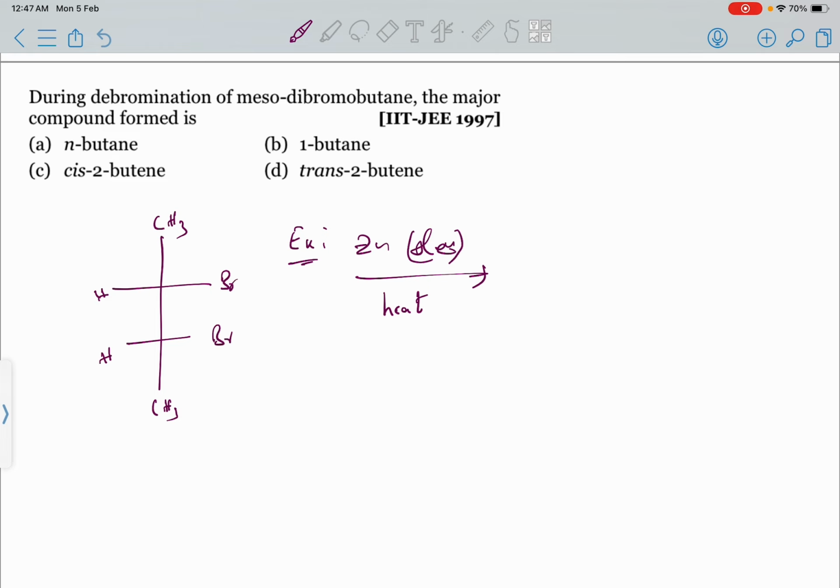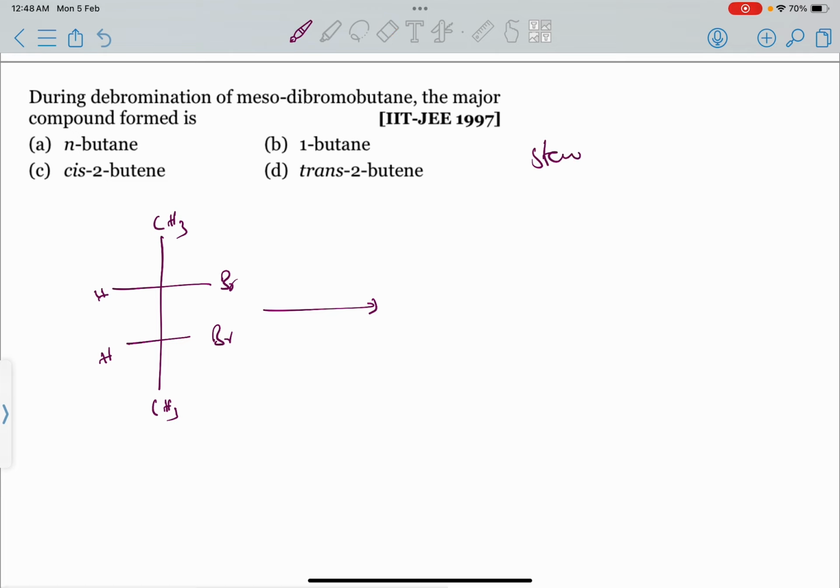This is a dibromobutane. Upon action of any dehalogenating agent, what will be the product formed here? See, Nana, I have just said that this all undergoes the E2 mechanism. Abiding by that, whatever product we form here will be stereoselective, which means the product formed must be stable.